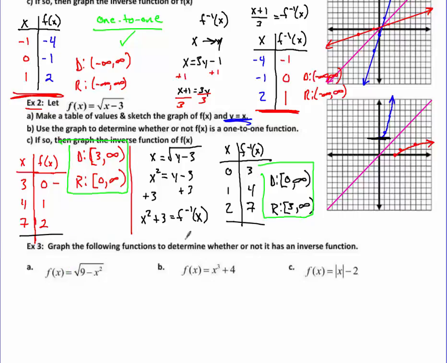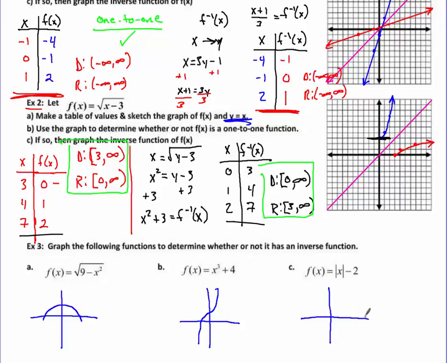All right, graph the following functions to determine whether or not it has an inverse. Well, we're not going to spend all day doing that. So the way I want you to do those is in the calculator. When you graph this one, it looks like this. When you graph this one, it looks like this.